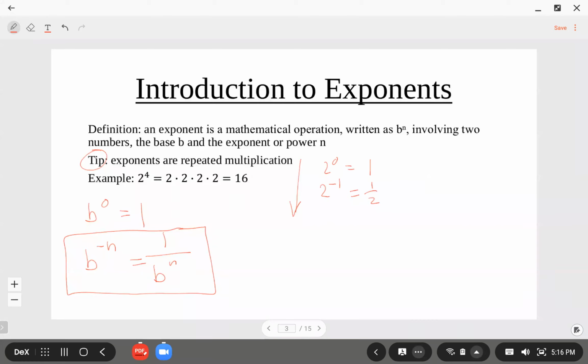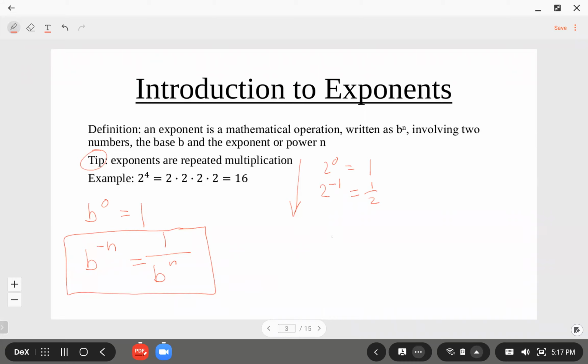Our formula, b to the negative n, in this case is 2 to the negative 1, equals 1 over b to the positive n. What is b? 2. What is n? 1. So we get 1/2. If you don't know, you can put it in the formula for negative numbers. But if you memorize this formula, good for you. You can just quickly get the answer.